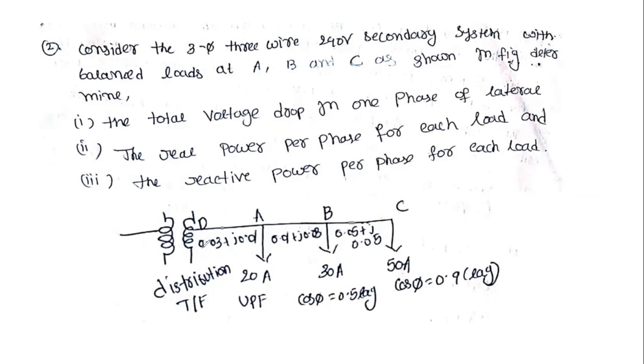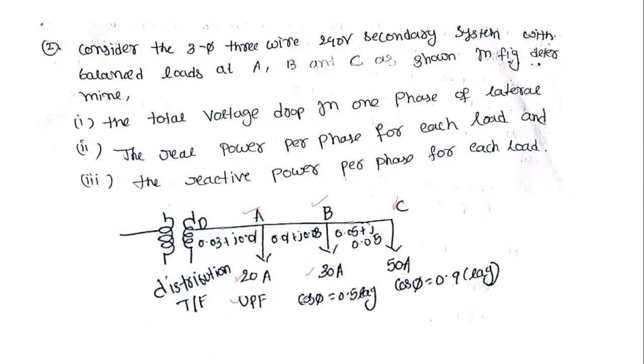First of all, we find the total voltage drop. This is the given distribution system. We have three loading points, that is point A, point B, and point C. At each loading point, we have the currents and the power factors.